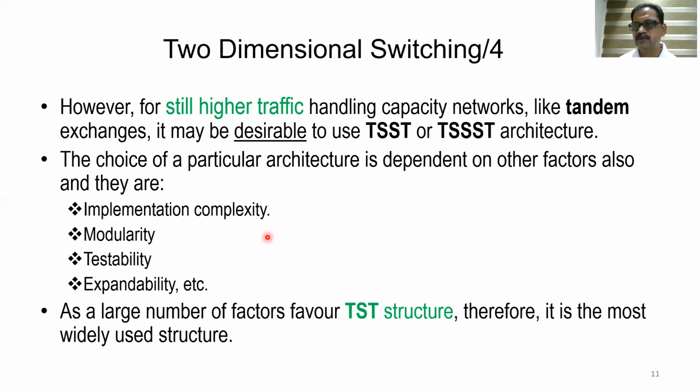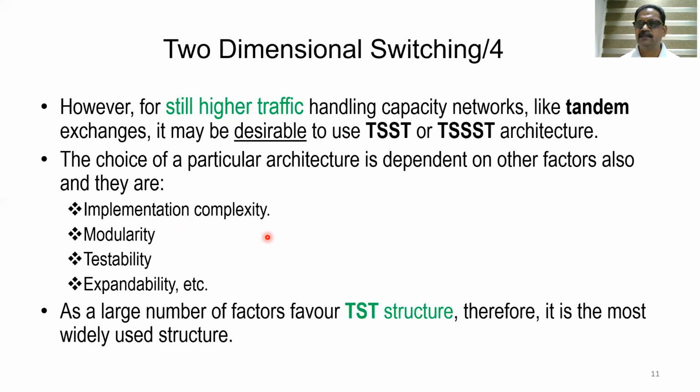Implementation complexity: we have to see the complexity involved in the implementation. Modularity: we have to subdivide the network into different modules. Then testability: testing of the network or testing of the lines should also be taken into consideration when deciding the architecture we have to follow.